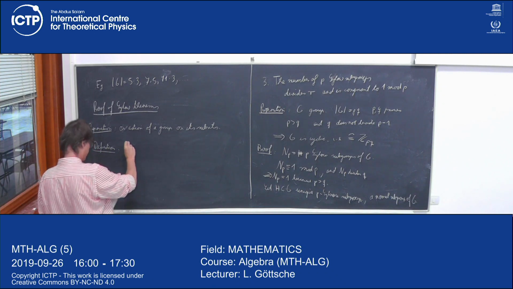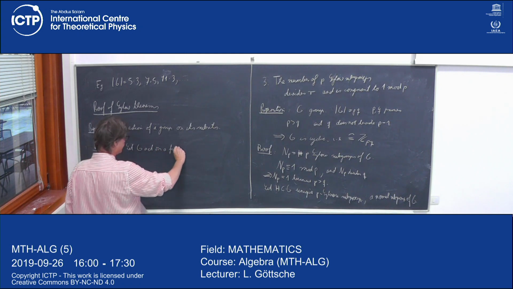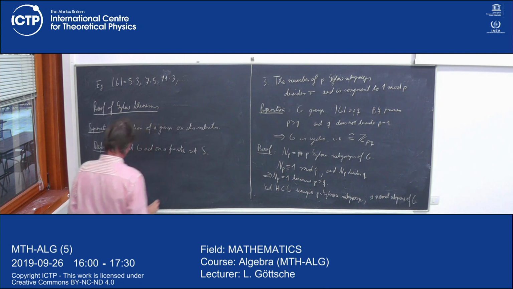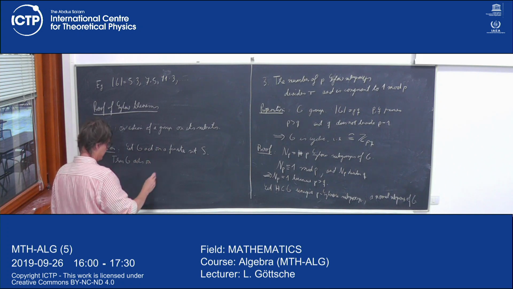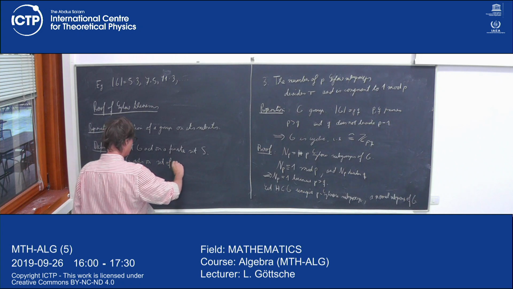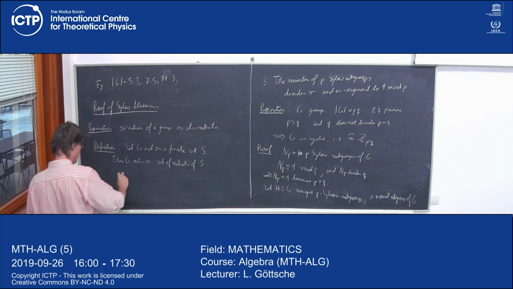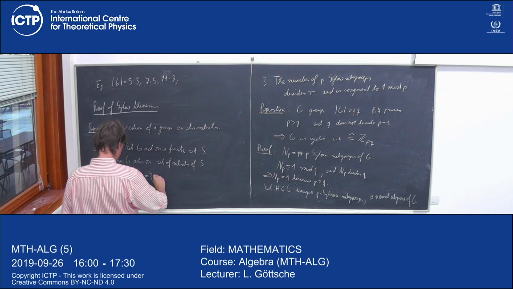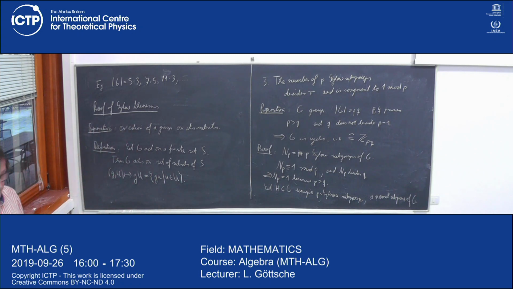So let G act on a finite, say for this case, finite set S. Then G acts on the set of subsets by the obvious thing, by (g, U) is mapped to gU, which is just the set of all gu with u in U. And you can easily see that this defines an action.